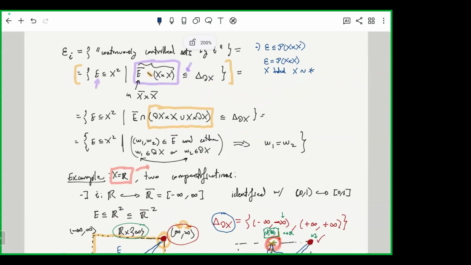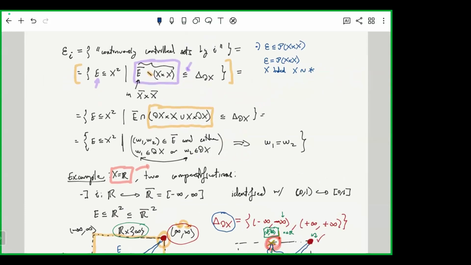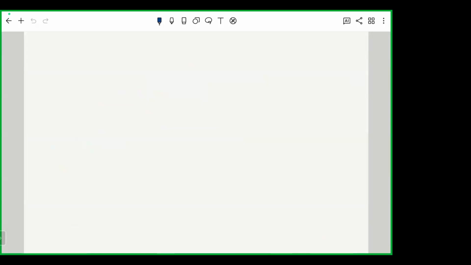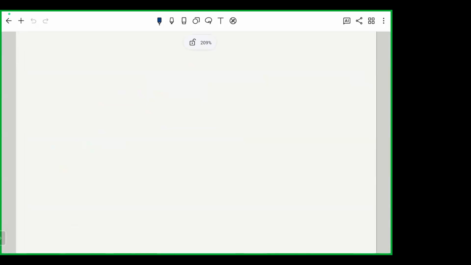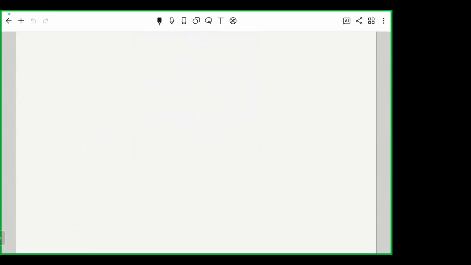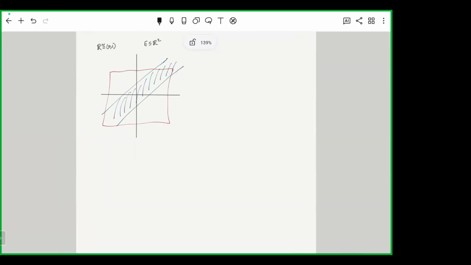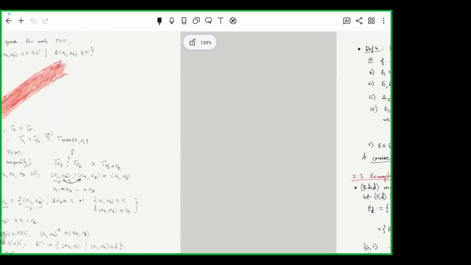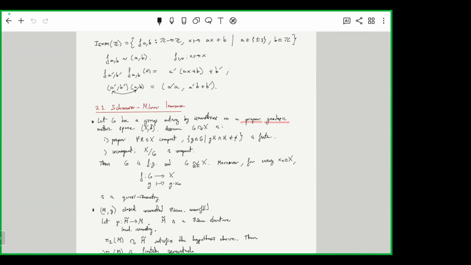If G is finite, let's see. I think so. If G is finite, then I can consider any finite generating set. I could just take G, literally. I could take a point, I think.